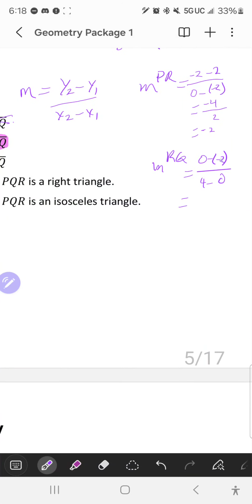So minus minus is positive, so 0 plus 2 is just 2. 4 minus 0 is just 4. And as we can see, we can simplify by 2. 2 divided by 2 is 1. 4 divided by 2 is 2. So our result is 1 over 2.